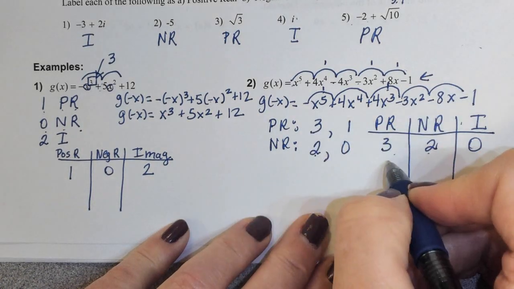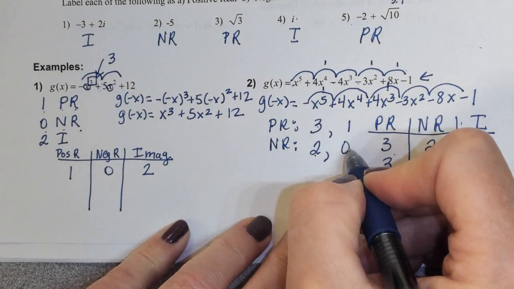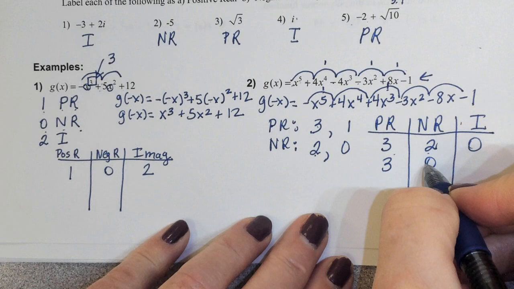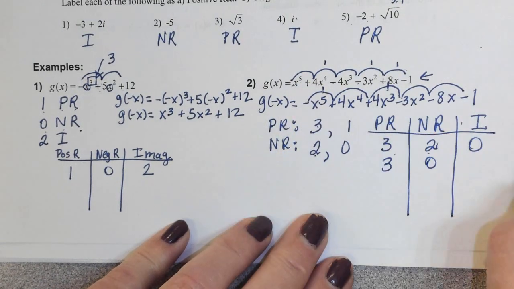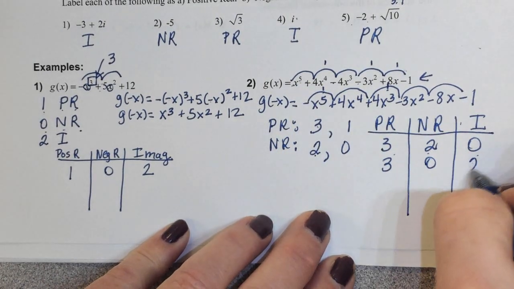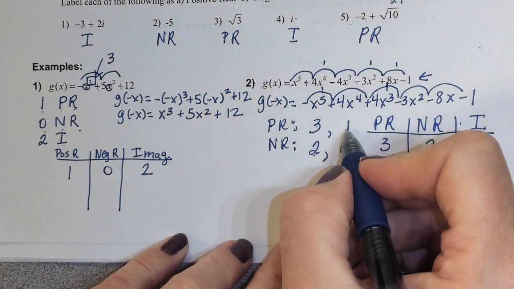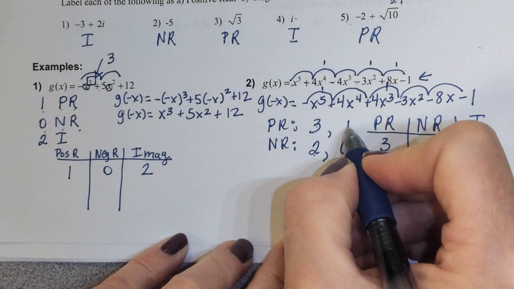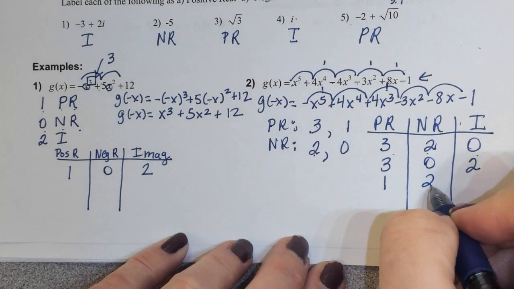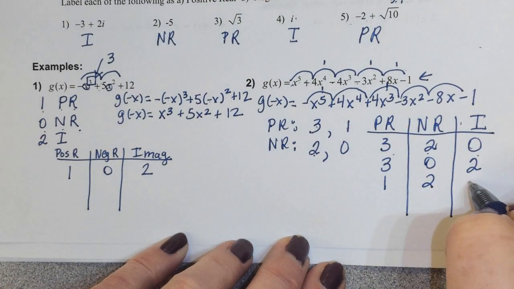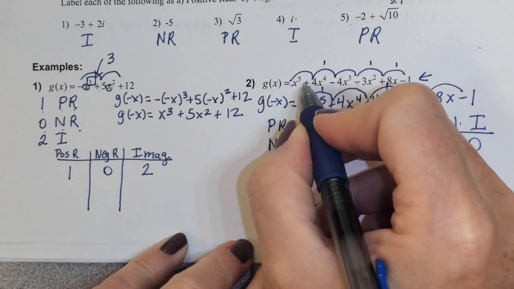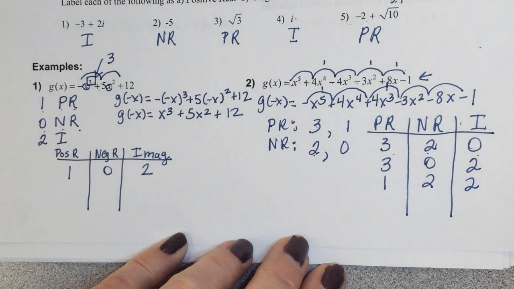But I could also have 3 positive reals and 0 negative reals. Well, I have to have 5 solutions, so what do I have to have? 2 imaginaries. Okay? I can also have only 1 positive real, and I could have 2 negative reals. How many imaginary then? Well, I have to have 5 total, so 2, right?